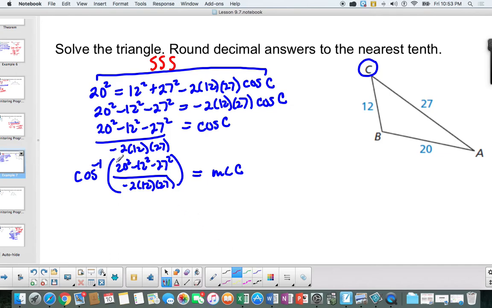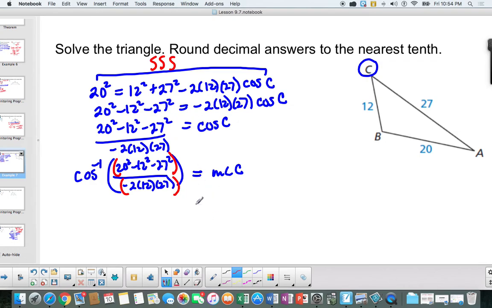Now when you put it in your calculator, you must make sure the calculator knows this is your numerator and this is your denominator. So you will have to put an extra set of parentheses when you put it in the calculator. So cosine inverse, and I'm putting another set of parentheses, 20 squared minus 12 squared minus 27 squared, parentheses, divide, parentheses, negative 2 times 12 times 27, and then finish your parentheses.